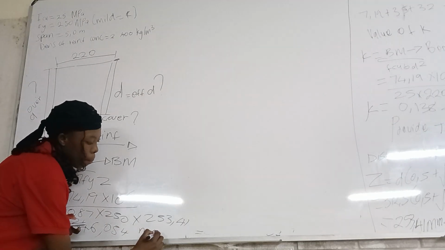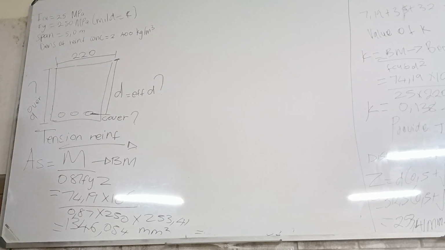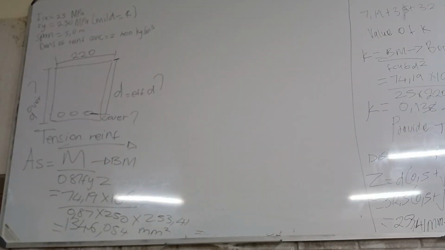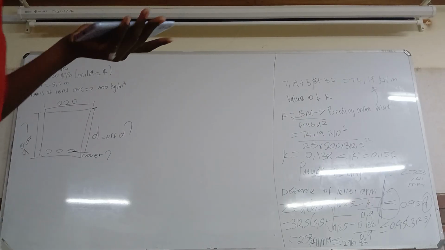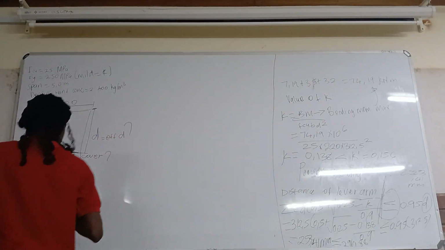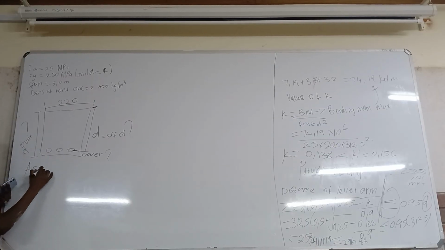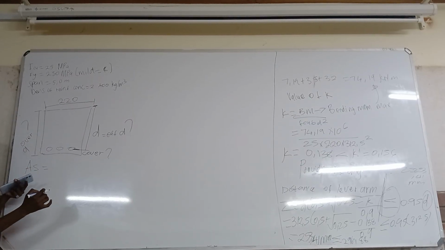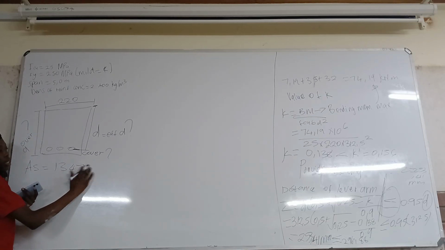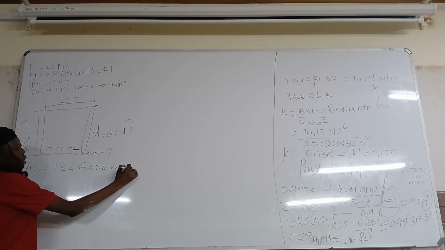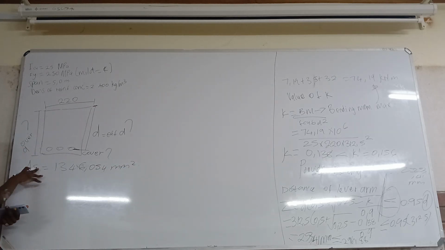So tension reinforcement As is equal to 1346.054 millimeter squared.